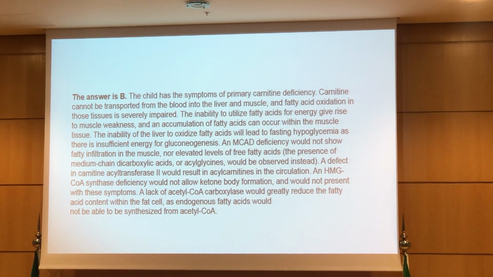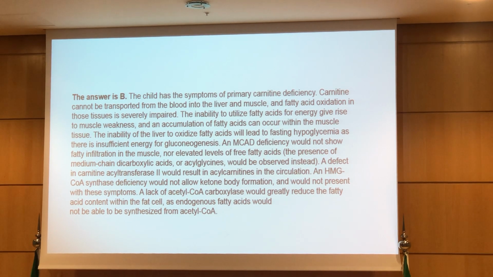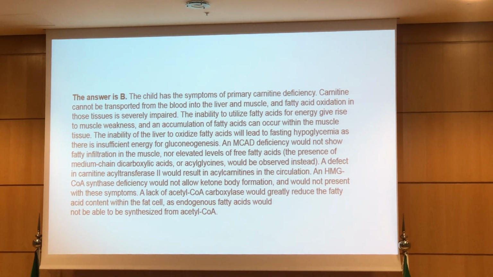The child has symptoms of primary carnitine deficiency. Okay? And without the carnitine, you cannot transport the fatty acids from the blood into the liver. So they all stay in the blood or go into the muscle, so that they can be oxidized off. Inability to utilize fatty acids for energy gives rise to muscle weakness. Accumulation of fatty acids can occur within the muscle tissue.